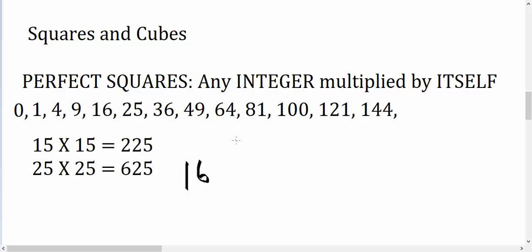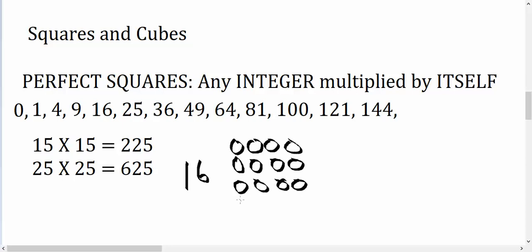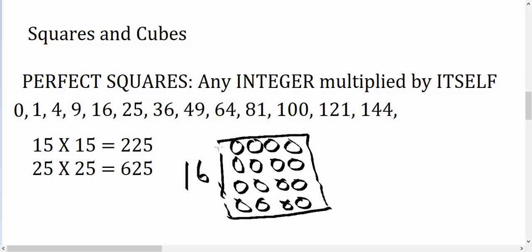We can do 1, 2, 3, 4, 5, 6, 7, 8, 9, 10, 11, 12, 13, 14, 15, 16, and if I had drawn them more accurately, we would have a complete square here. I didn't, but there you go. This represents 4 on the side times 4 on the top, which I think is a really nice way of thinking about it.